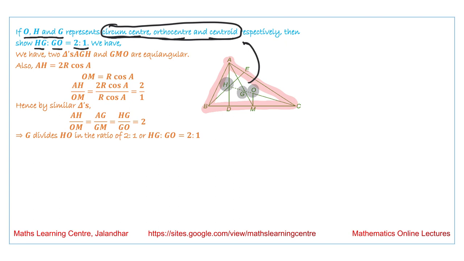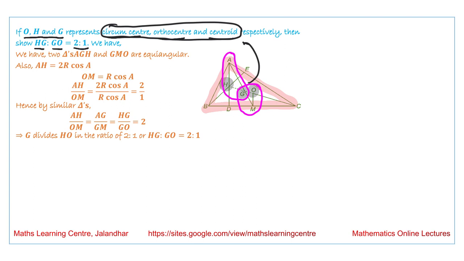So we have two triangles. One, we are talking about the triangle AGH, I am marking this triangle over here. And second, we are talking about GMO.